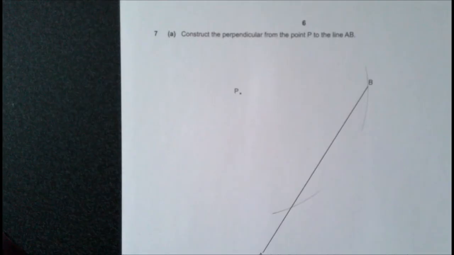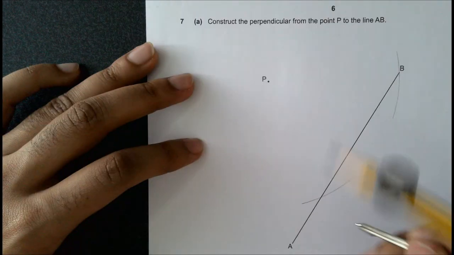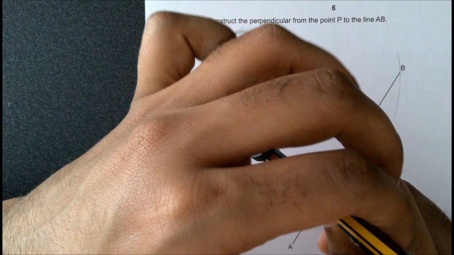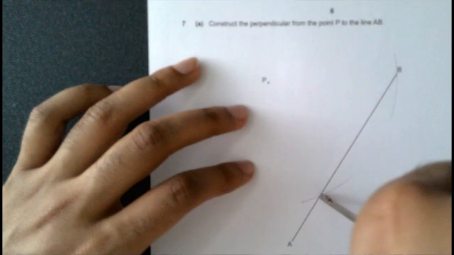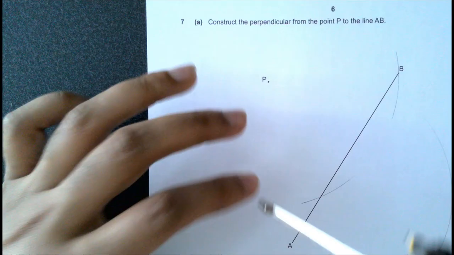And then what we are required to do is draw an arc like so, and retaining the same radius, do a similar thing from the other point of intersection, like so.